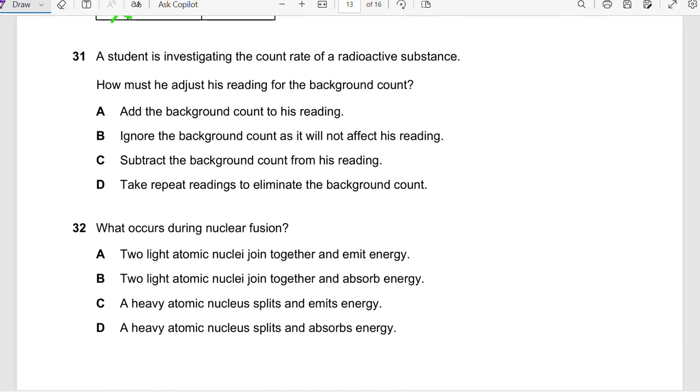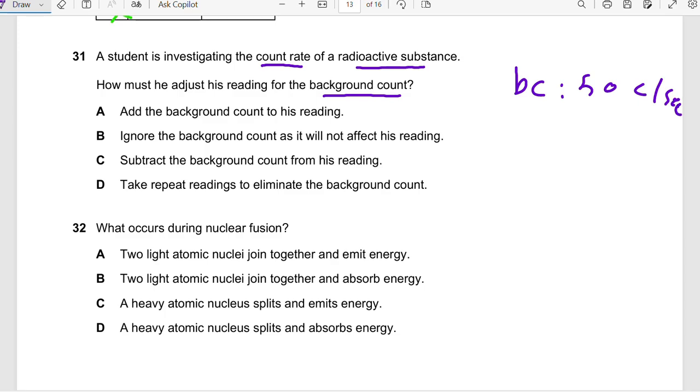Question 31 says a student is investigating the count rate of a radioactive substance. How must he adjust the reading for the background count? So let's remember, in general we have a background count all around us. For example, let me say 50 counts per second.